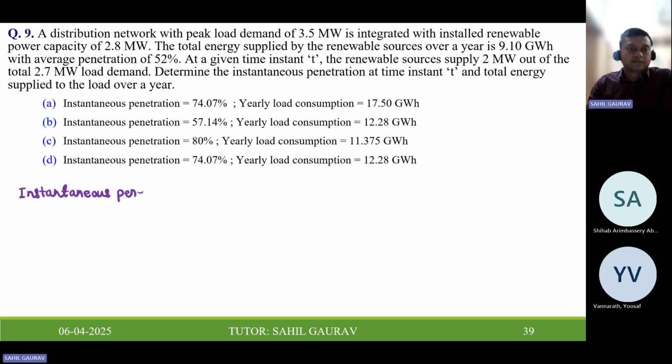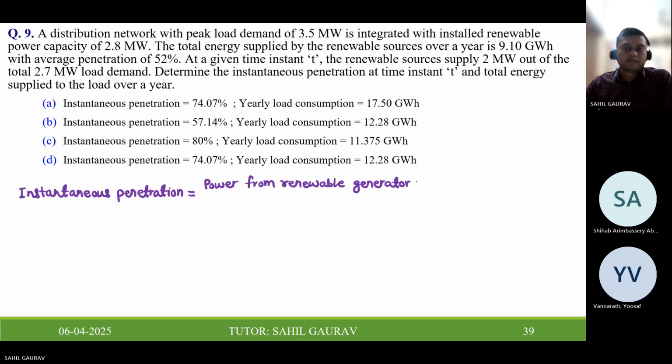Instantaneous penetration is power from renewable generators upon total power delivered to loads.